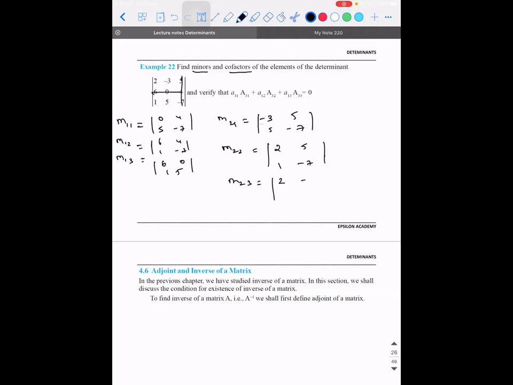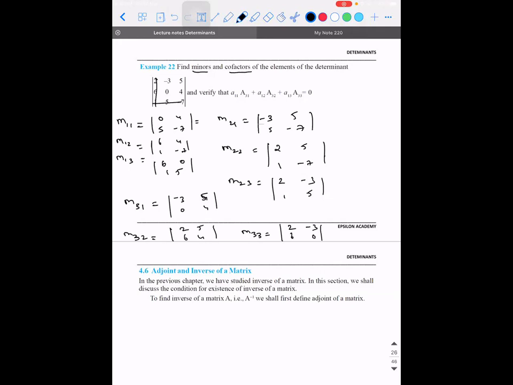Similarly, M31 is minus 3, 5, 0, 4. M32 is 2, 5, 6, 4. M33 is 2, minus 3, 6, 0, right?